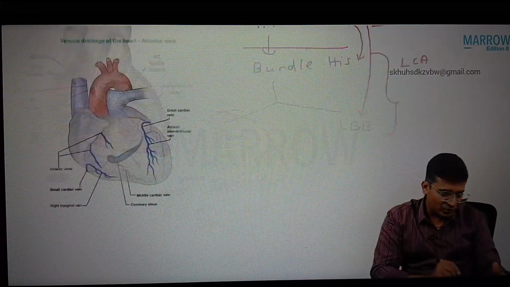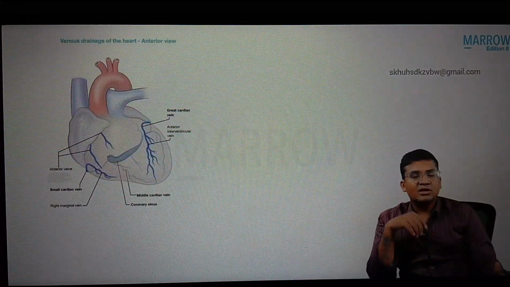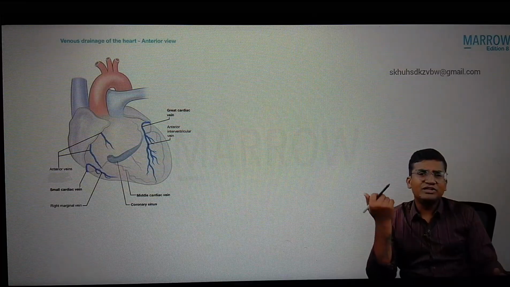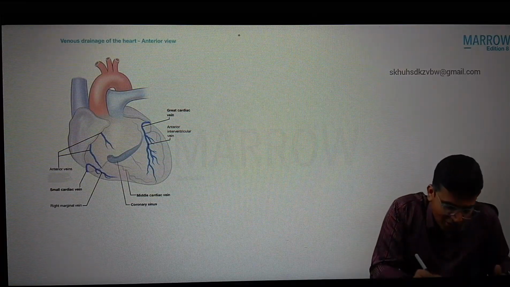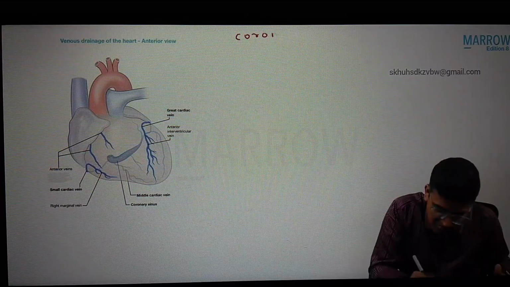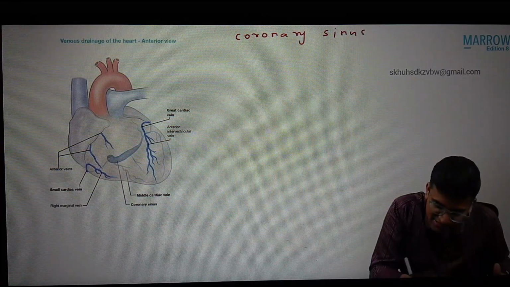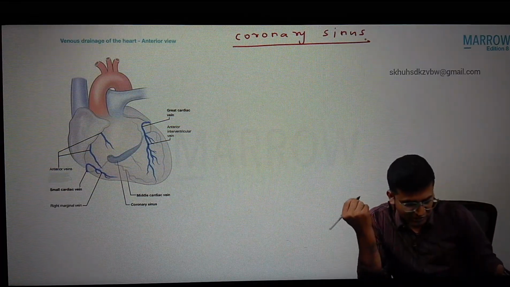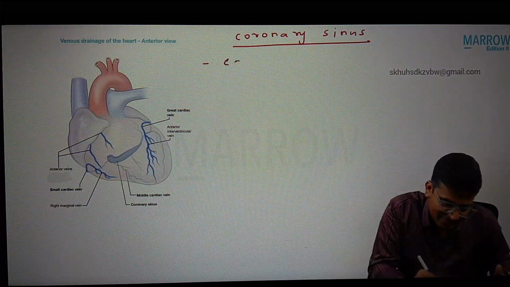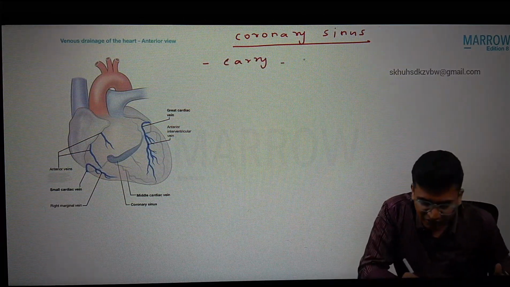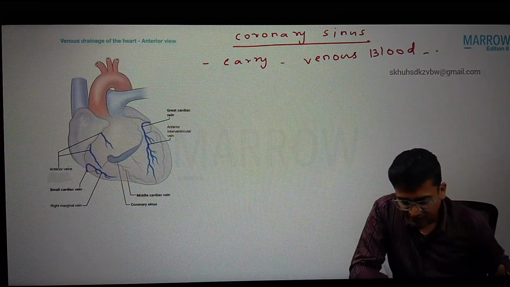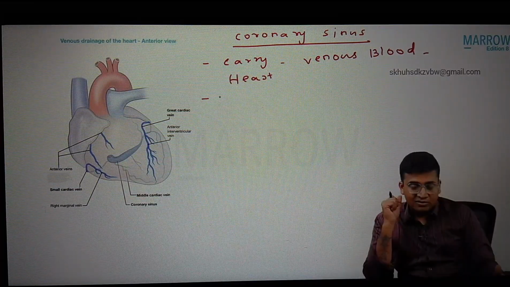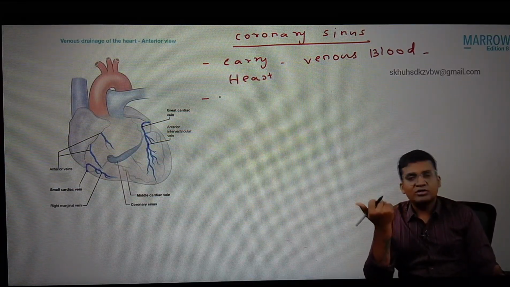Next, we're going to see the venous drainage. The majority of the venous blood from the heart is carried by the coronary sinus. What is the origin of the coronary sinus?